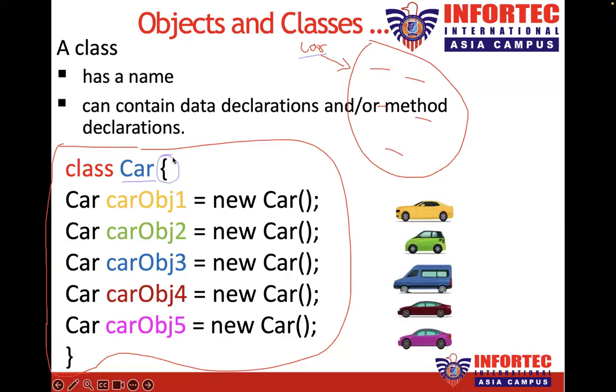So this is where we start that round. This is where we stop that round. And inside this, we have 5 cars. So this is the first car, this is the second car, this is the third car, this is the fourth car, and this is the fifth car. So this is how we do that.